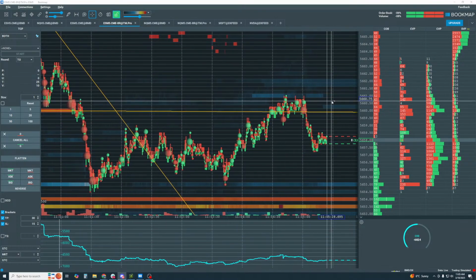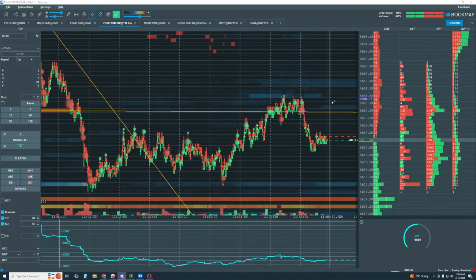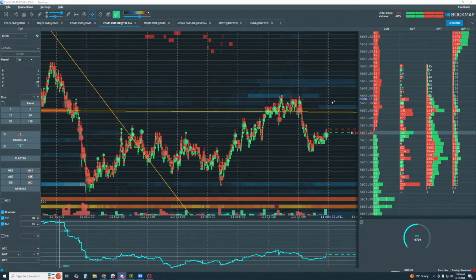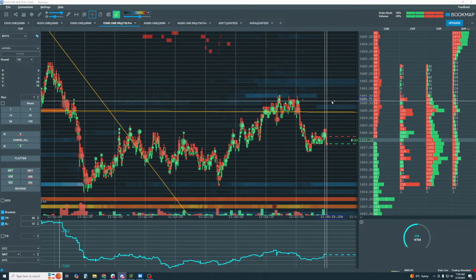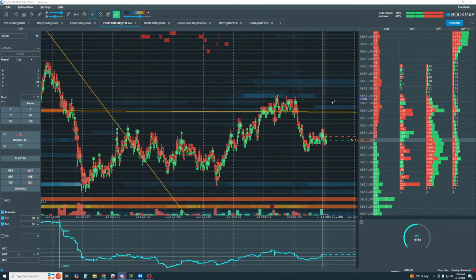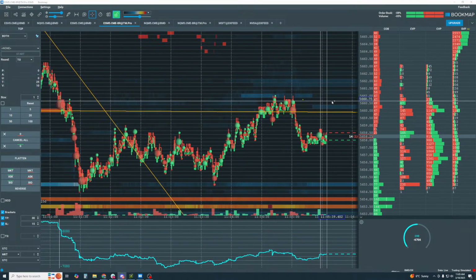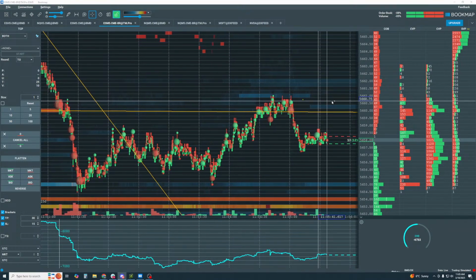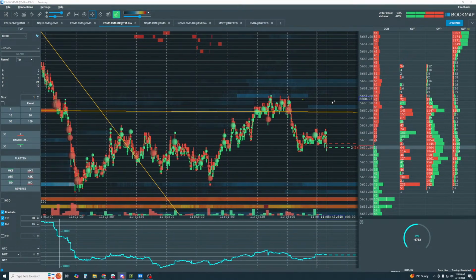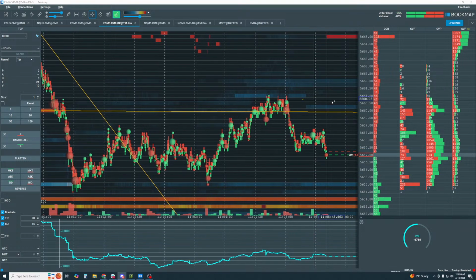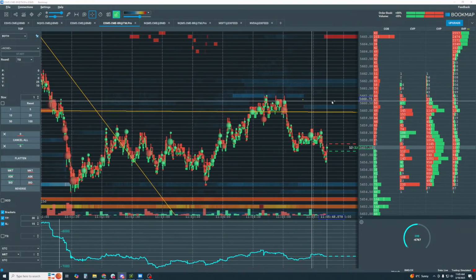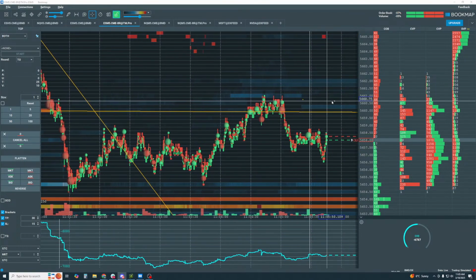Also, this will keep you from... it's easier. It's just easier trading. Now, the FOMO part will be hard to overcome, and that's what I'm talking about in terms of the Bookmap Academy.